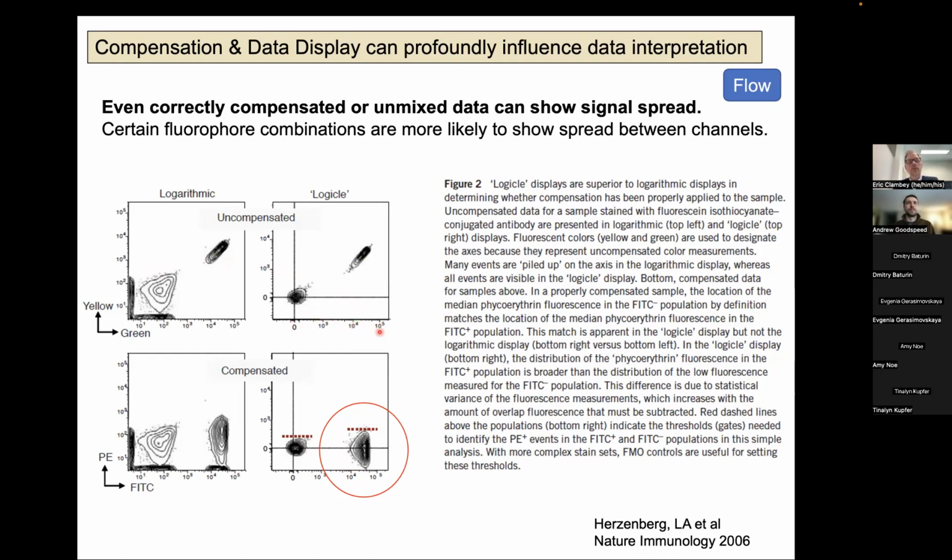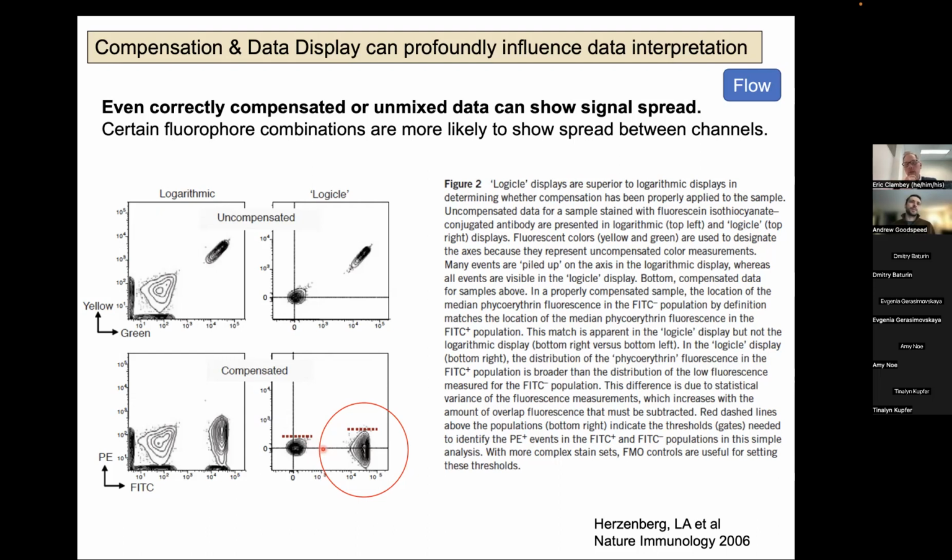And yet, if you look, these cells appear to be double positive, but they're not double positive because experimentally, the only thing that they were stained with was one antibody. And so compensation allows you to mathematically account for this detection in the neighboring detector, and then allows you to bring these two samples so that there is no longer spurious or artifactual signal in the neighboring channel.